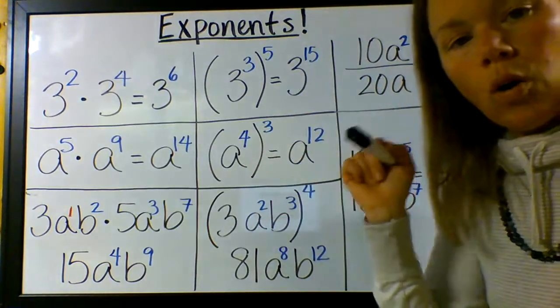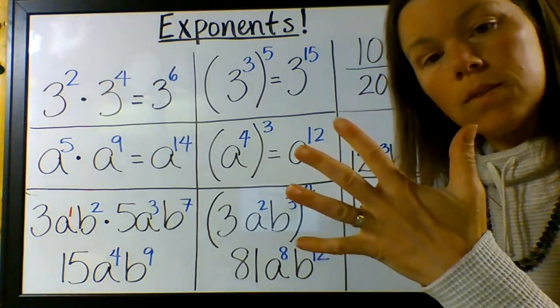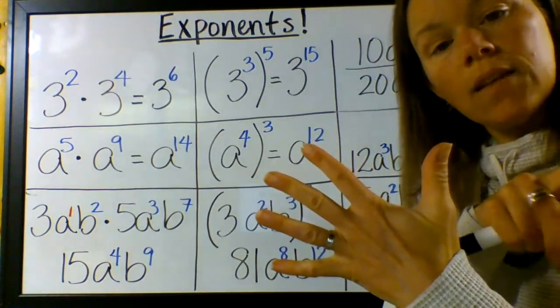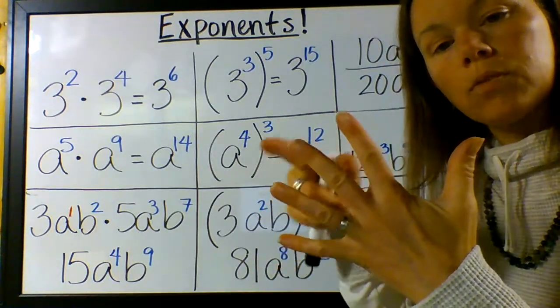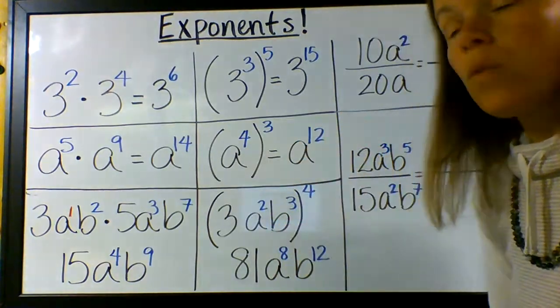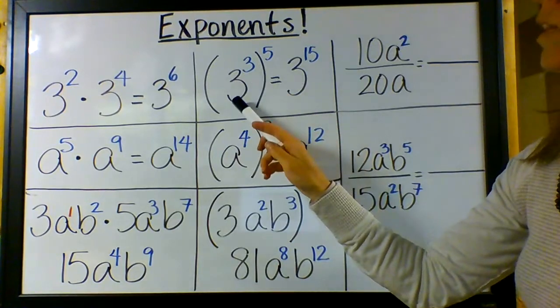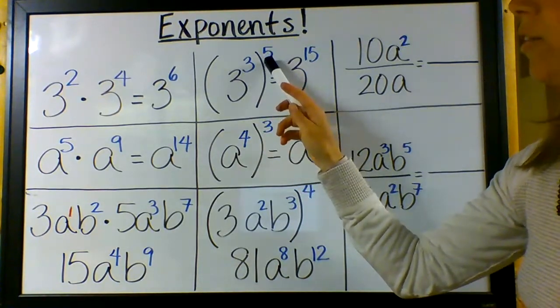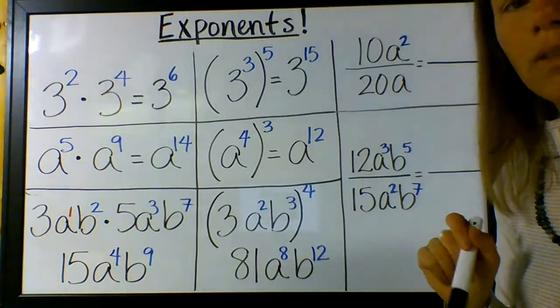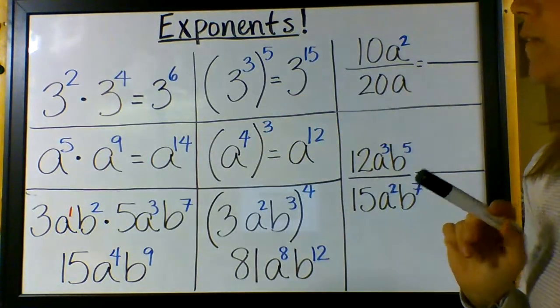So if I wrote all those out, 3 to the 3rd 5 times, and added the exponents, I'd do 3 plus 3 plus 3 plus 3 plus 3, right? Or 15. So we've reviewed this before, that 3 to the 3rd to the 5th tells us to multiply those exponents. So 3 to the 3rd to the 5th is 3 to the 15th.